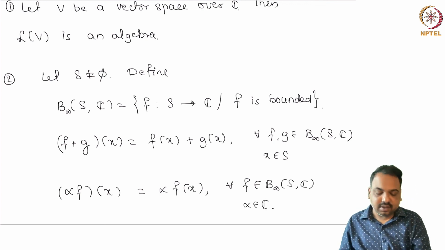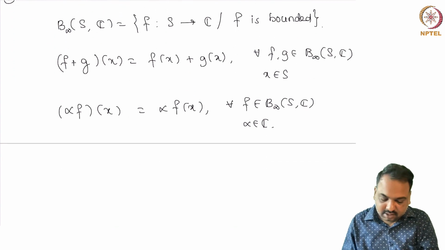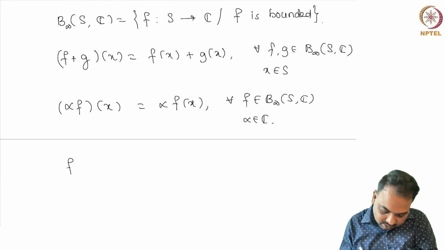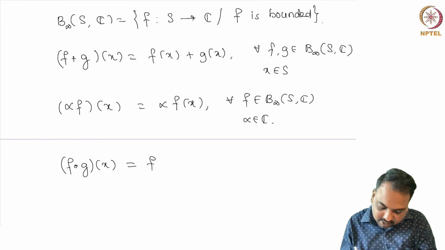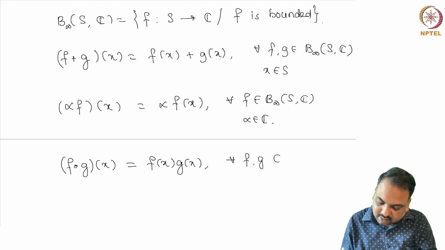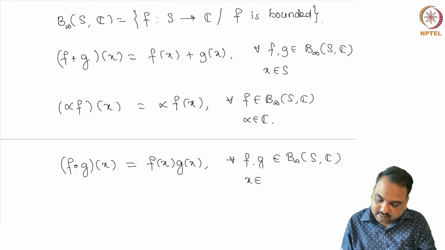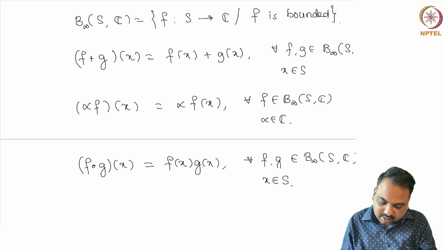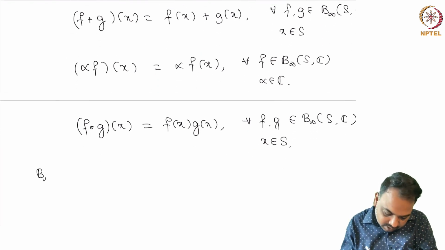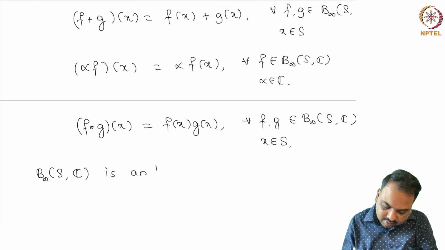With respect to these two operations, we can check that this is a vector space, and the multiplication we can define is F circle G, here not composition but pointwise multiplication, for every x in S. Then we can easily check that this B infinity(S, C) is an algebra with the above operations.